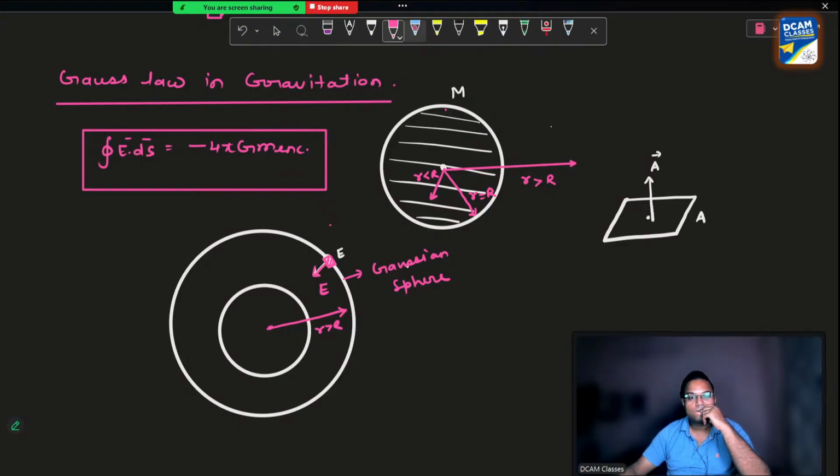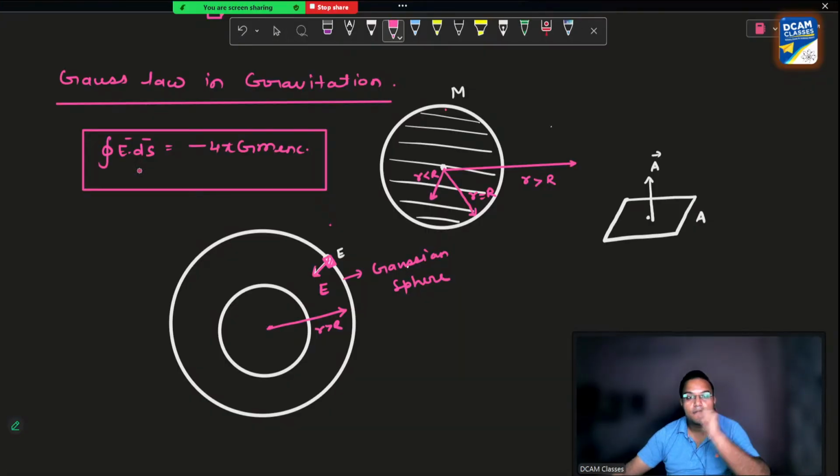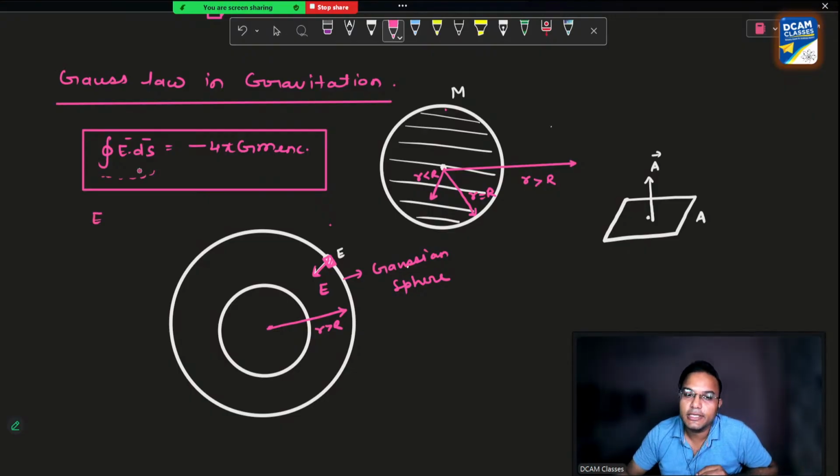Yes, sir. So this integral of E dot dS represents the total over the whole surface. If you don't want to confuse yourself, just write E dot dS as E into 4 pi r square, where 4 pi r square is the surface area of the sphere.